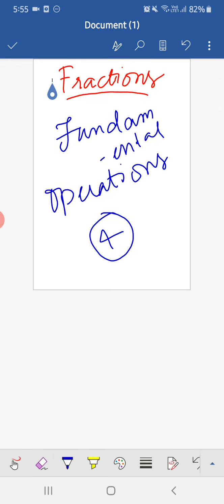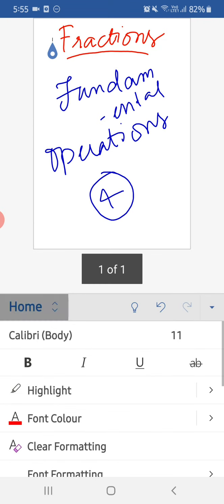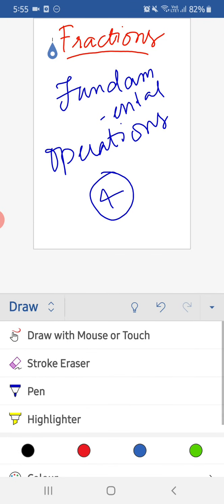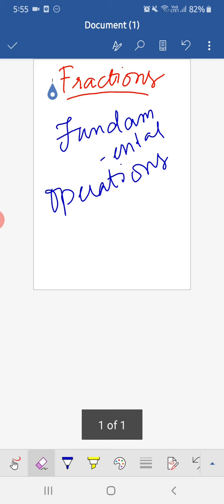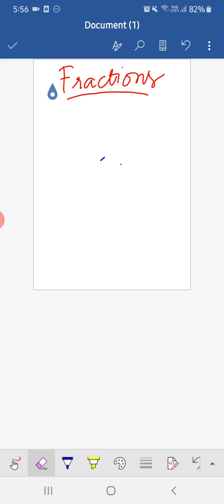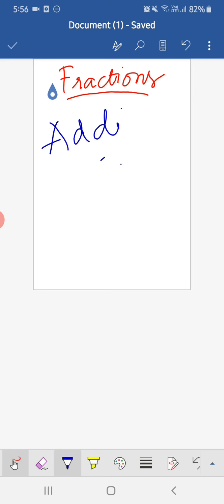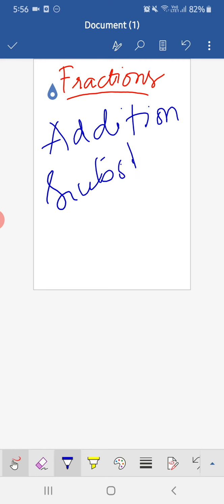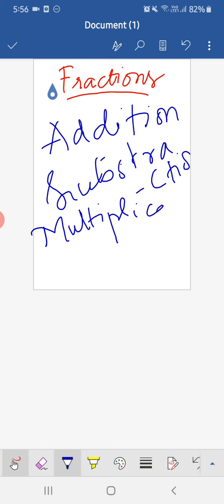They are addition, subtraction, multiplication and division.